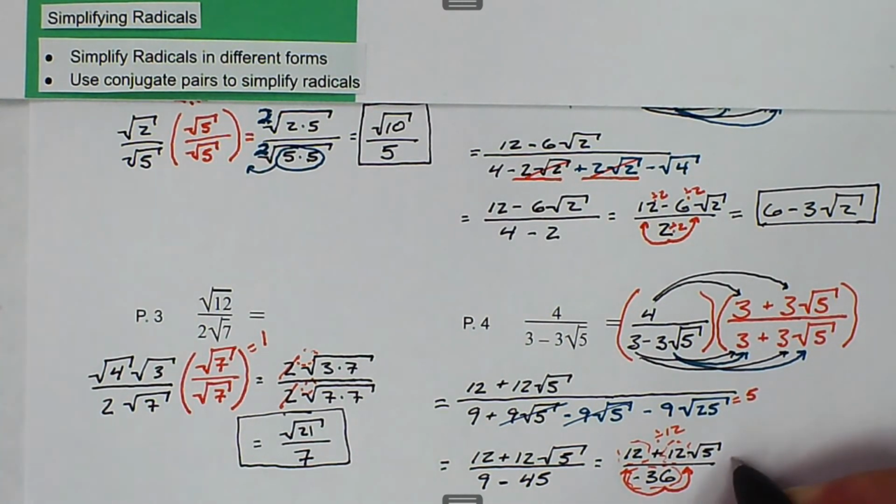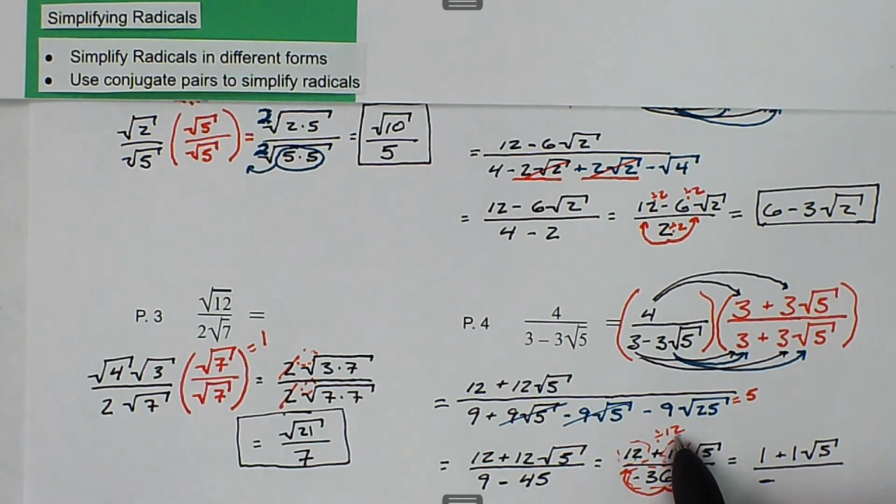And then we get 12 divided by 12 is 1. 12 divided by 12 is 1. And then we still have the square root of 5. And then we have the negative 36 divided by 12 is 3.